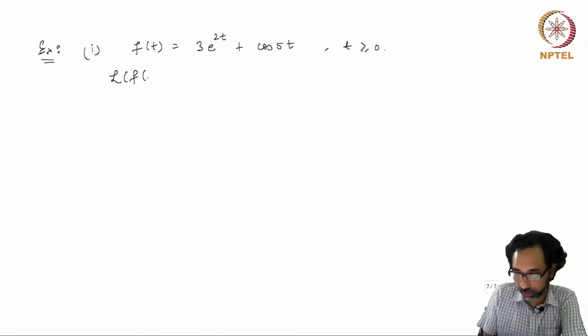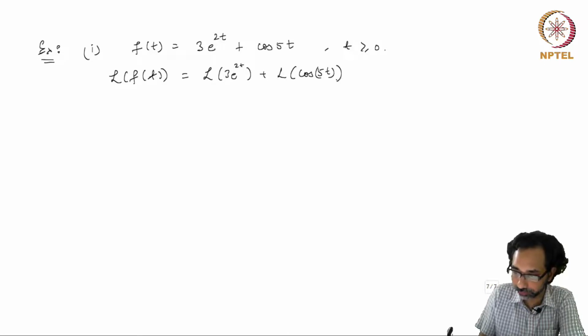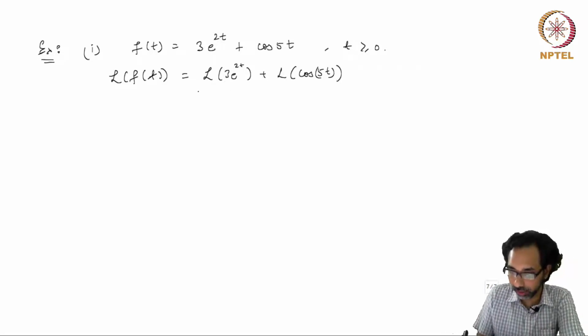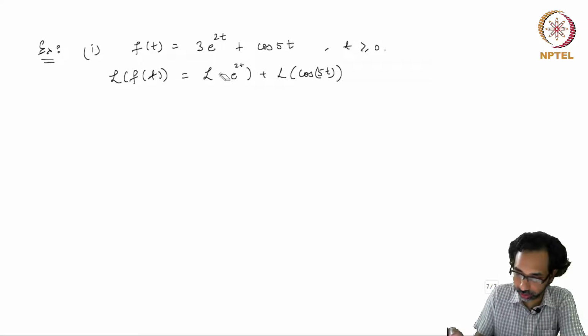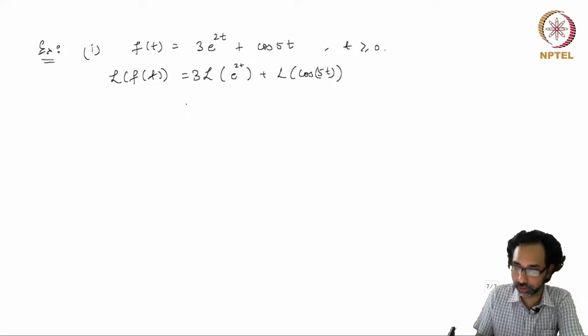So what is the Laplace transform of f t? This is simply the Laplace transform of 3 e to the power 2t plus the Laplace transform of cos of 5t, and here you can of course take the 3 outside, so 3 times the Laplace transform of e to the power 2t plus the Laplace transform of cos 5t.